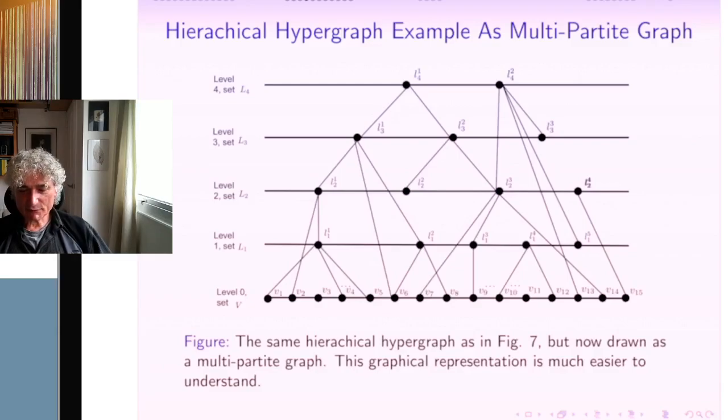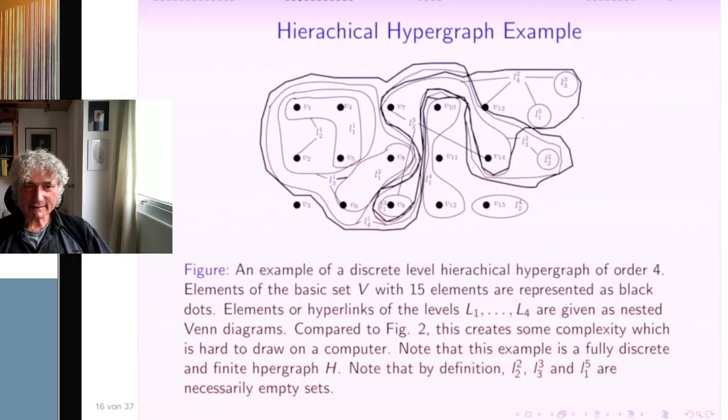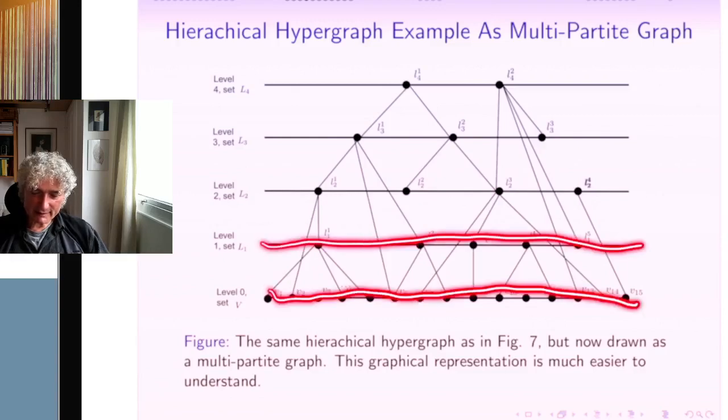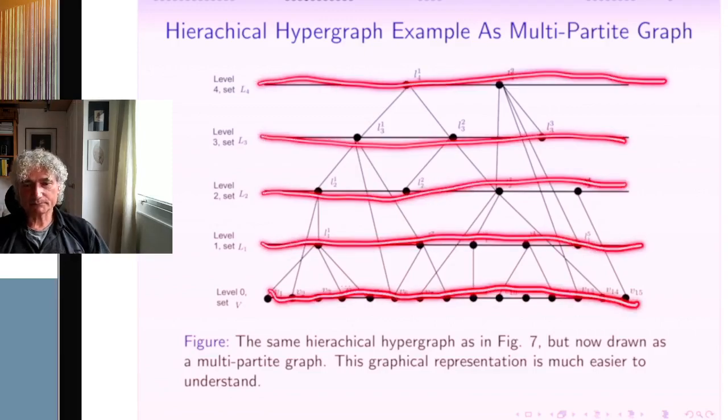So this here is drawn as a true nested hierarchical hypergraph, so you have to use in the drawing nested Venn diagrams. And here you draw the hierarchical hypergraph as a multipartite graph, giving you exactly the same information. So here you have a nice separation, and we have drawn that before in this way all the time. You have a nice separation into the different levels of the hierarchy.